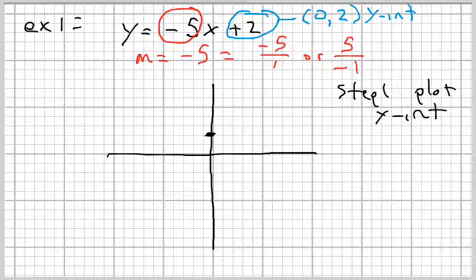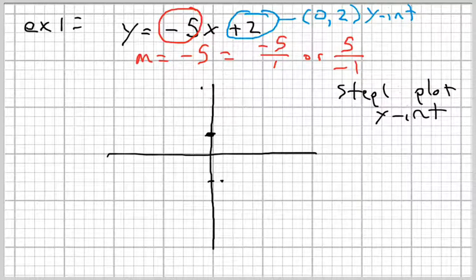Then I use my slope, so I'm going to go either down 5, 1, 2, 3, 4, 5 right here, put a little dot here, and then over in the positive direction 1, which is right here. Or we go up 5, so going back to my original y-intercept, I'd go up 5, and in the negative direction 1, which would be right here.